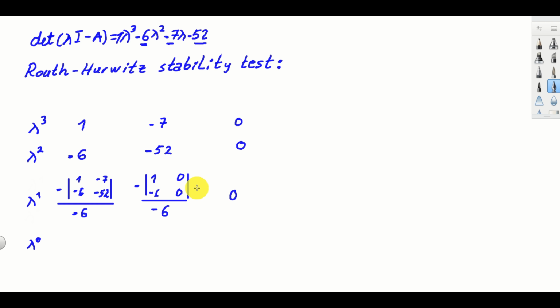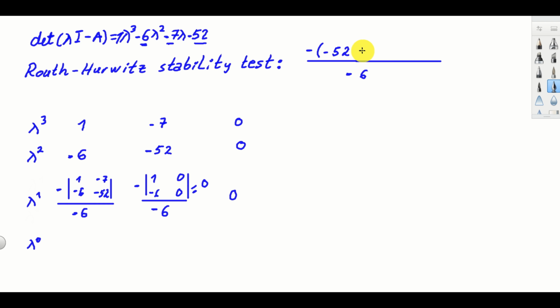Okay, now, obviously this element is 0. However, we need to compute this entry over here. So let's do it over here. Let's see. What do we have over here? We have in the denominator, let me expand this, we'll have -6, and in the numerator we'll have -52, and over here we will have -6 multiplying -7 with the minus sign.